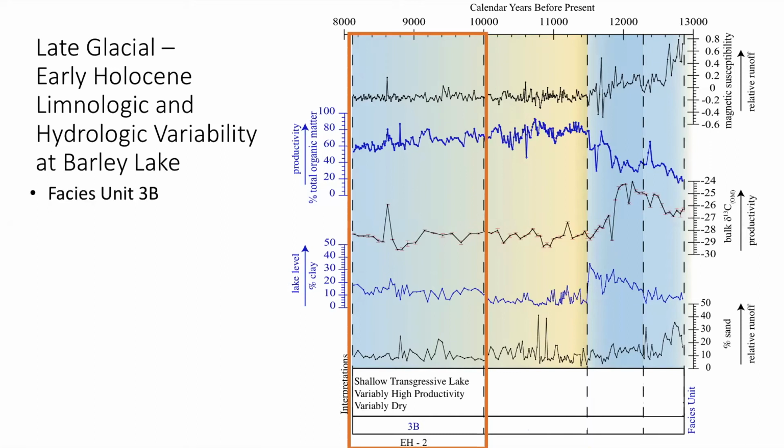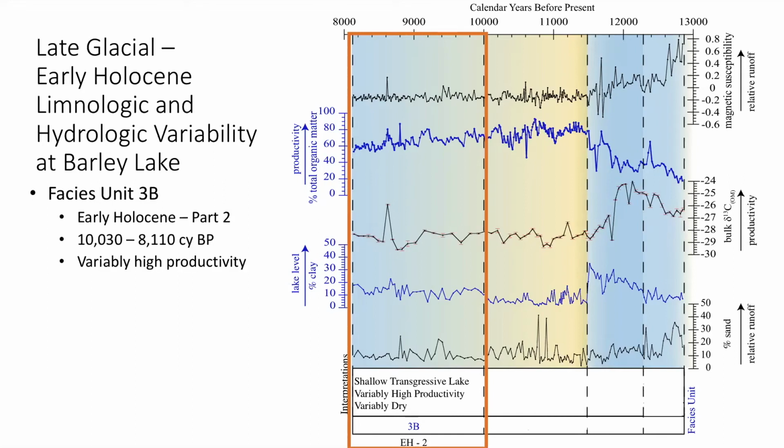And lastly, Thesis Unit 3B spans the early Holocene Part 2 from 10,000 to 8,100 calendar years before present. It is correlated with high average percent total organic matter values and lowest average bulk organic isotope data, reflecting high productivity in the limnological environment.